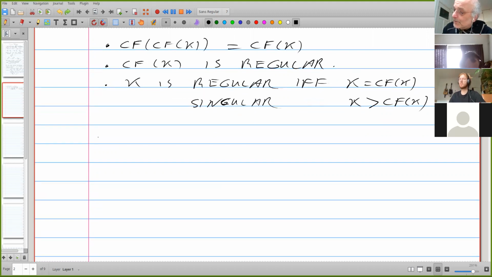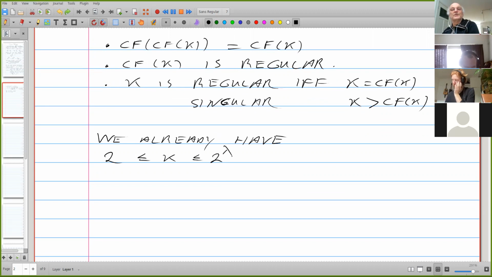What we already know, and it does no harm to repeat this once more: if kappa sits below 2 to the lambda, then kappa to the lambda is 2 to the lambda.